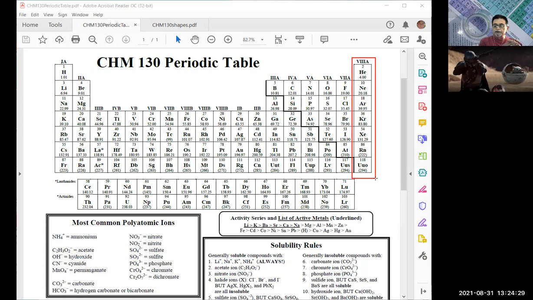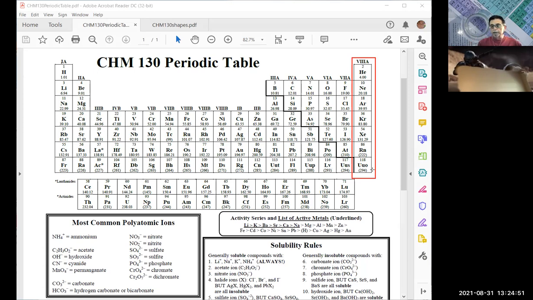They have 8 electrons in the outermost shell, okay? And because of that, they are very unreactive. Now, helium, which is the first one, number 2, doesn't have 8. It has 2, but everybody else has 8. And because of that magical number 8, they're very unreactive, and they're what we call inert.